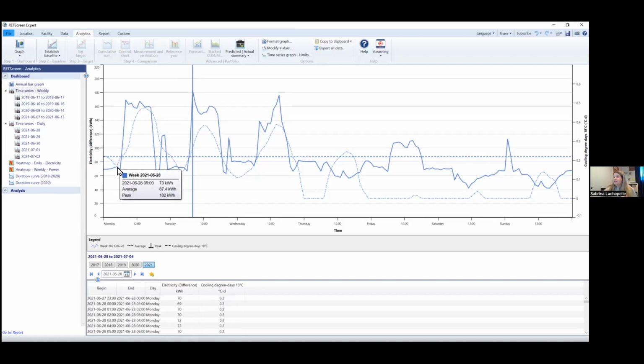We can see that, for example, here around 6 a.m., our electricity consumption is going up, and then it's going down around 5. Since it's a Monday, we can assume that our systems are turned on for the workday. We can also see here that we have a peak that I will be explaining a little bit later.